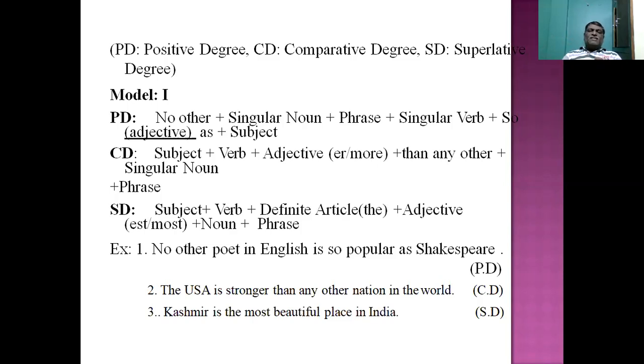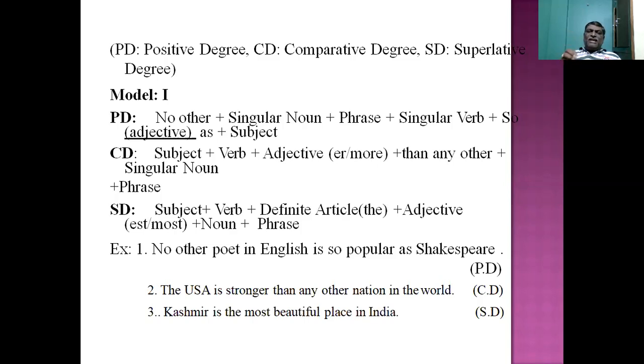So we use "any other" in the comparative, and in the superlative, we will use "the most." Okay. And in the positive, we always begin with "no other." So no other place. The moment you say "no other," you have already used the negative form.